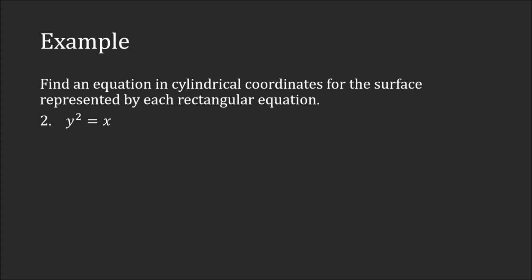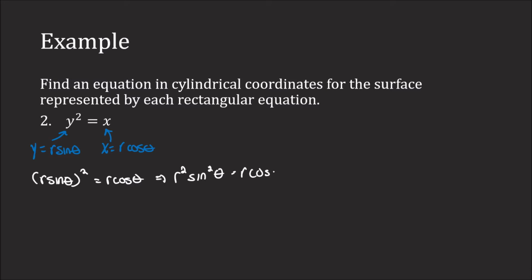Now for y squared is equal to x. So we're going to have to use y is equal to r sine of theta. That can be used there. x is r cosine of theta, which replaces that there. So what we have is r sine of theta, squared, is equal to r cosine of theta. So r squared sine squared of theta is equal to r cosine of theta.